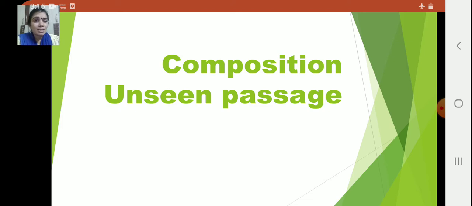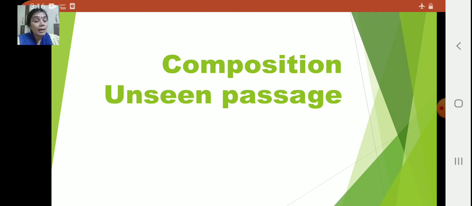So where can you see this passage? In your English textbook, you can see the passages. Any big paragraphs. So today teacher will give a big paragraph that is called passage, comprehension passage, right?